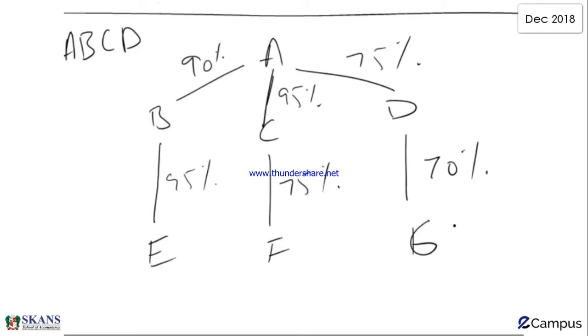Now, as far as G is concerned, obviously it could not be a subsidiary because it is not fulfilling the first condition. Well, for F, yes, we should consider the effective holding, which is 0.95 into 0.75. Well, that is 71%. So F could not be a member.